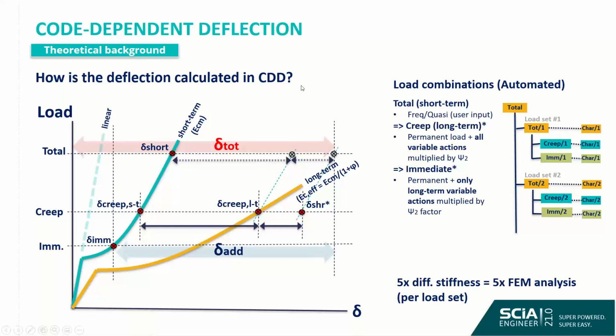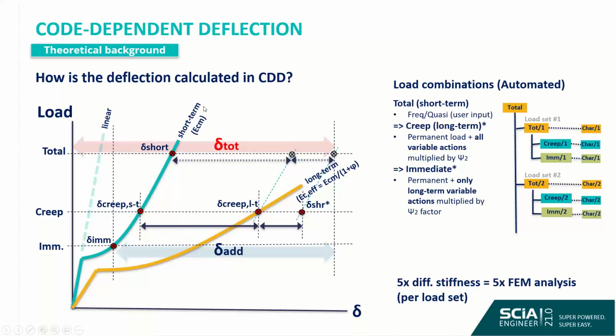Code-dependent deflection is actually a semi-nonlinear method where the first step is to calculate a linear analysis of the model. Based on these results of internal forces, it is necessary first to check if the section is cracked or uncracked.